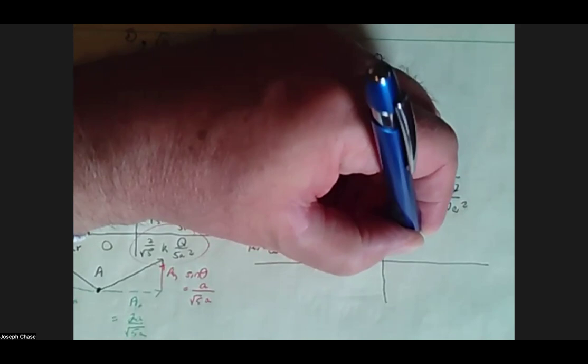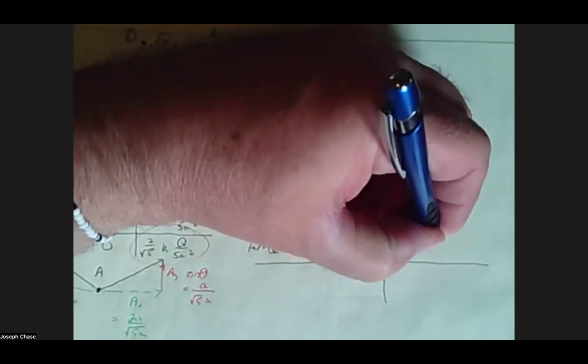Okay, this is like symmetry here, so that's going to cancel out. And then a over the hypotenuse, so it's actually the same thing. So this is going to be a over root 2a times kq over 2a squared. All right, so we're getting pretty close here. Notice that the a's cancel for all these.